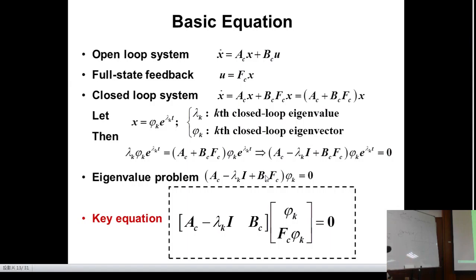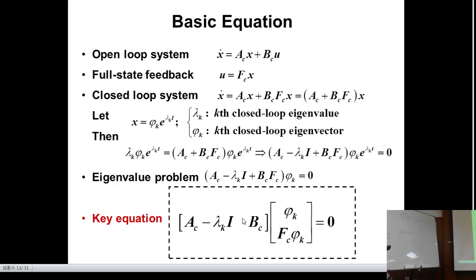Now I call this the key equation. I mark it in red. That means important. Now if you look carefully, this eigenvalue problem, I can rewrite it in terms of these equations. AC, lambda k is the one you desire. BC is given.